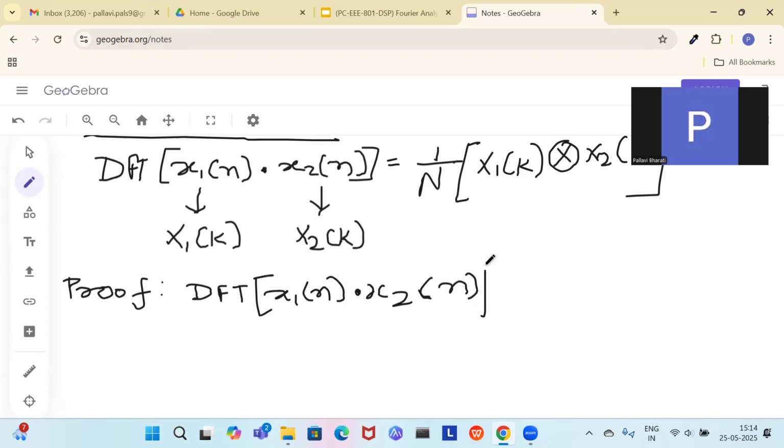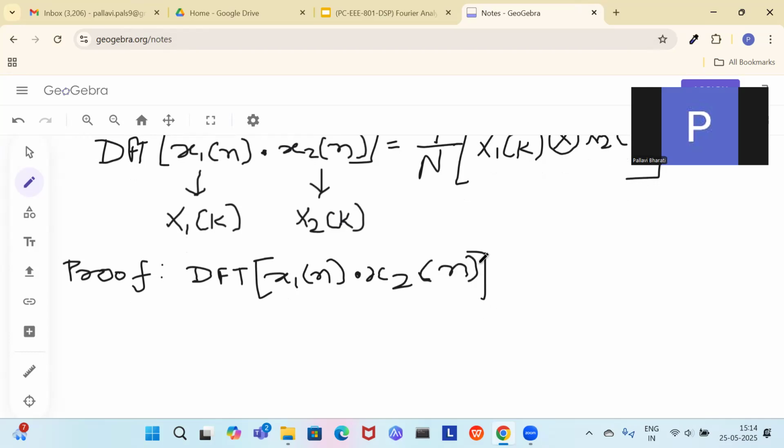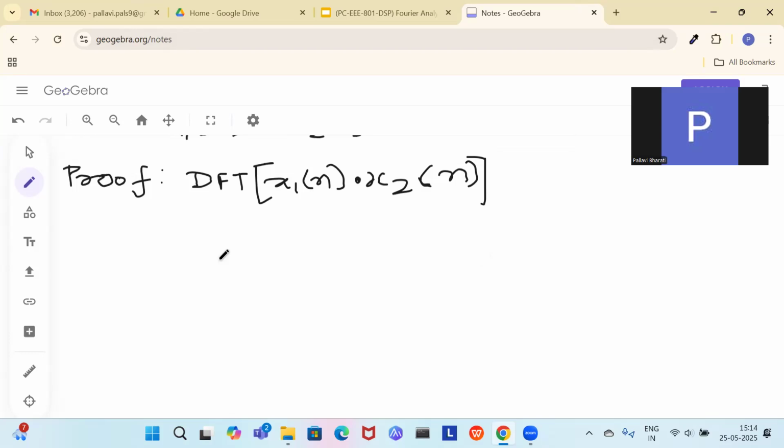Write the formula for this. The formula for this is going to be the summation n equals 0 to capital N minus 1, x1n, I will take this inside this bracket, x1n into x2n.